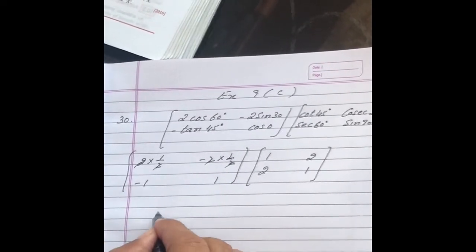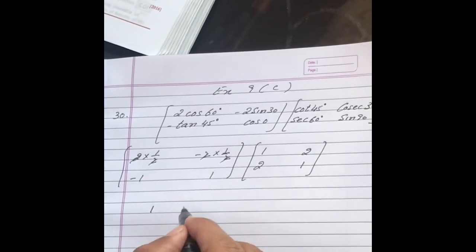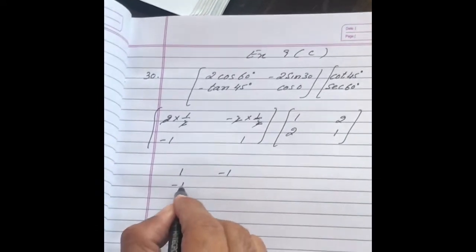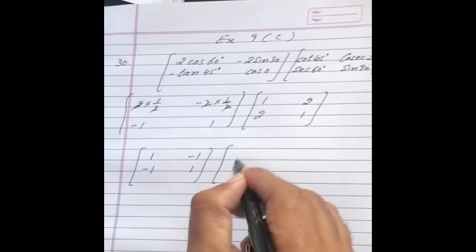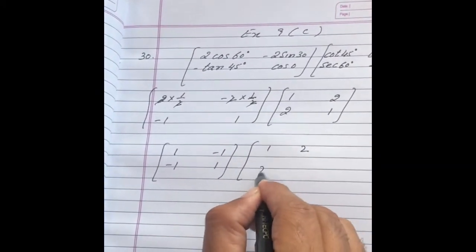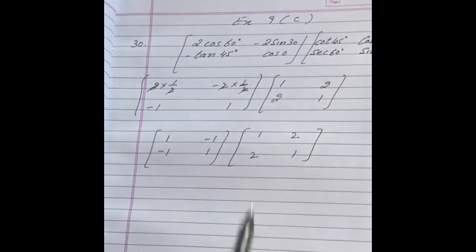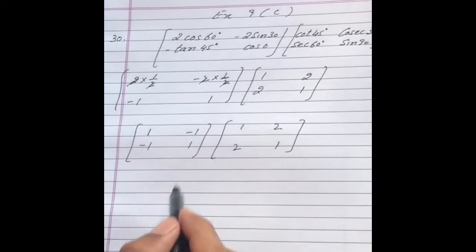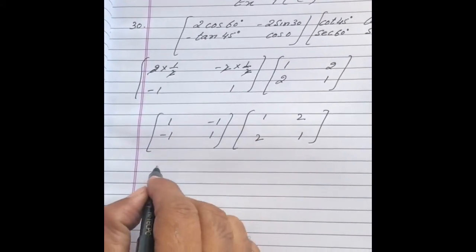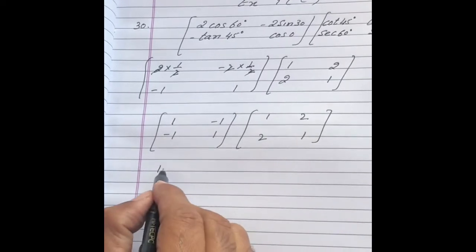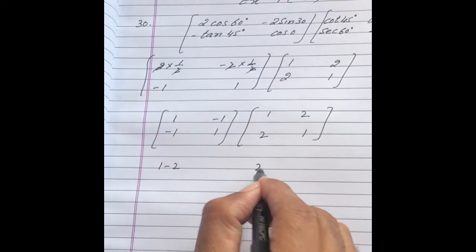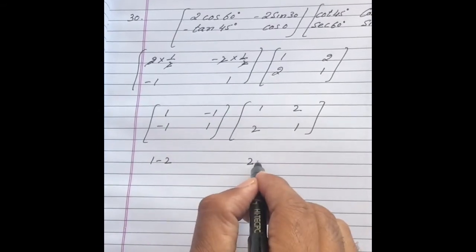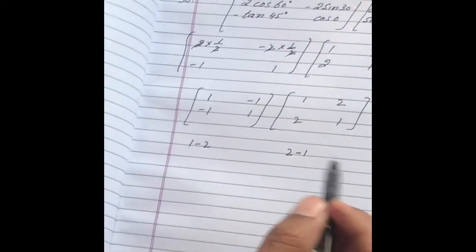So it is 1, minus 1, minus 1, 1, then 1, 2, 2, 1. So multiply first row with first column. 1 into 1, 1, minus 1 into 2, minus 2. Then first row, second column. 1 into 2, 2, minus 1 into 1, minus 1.